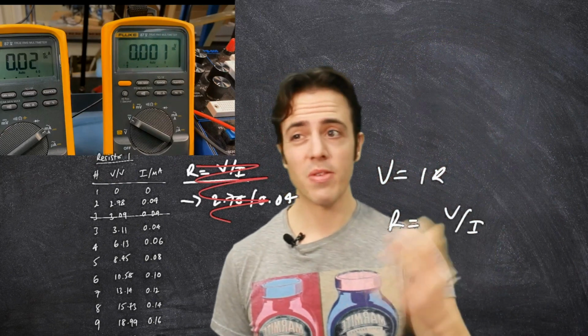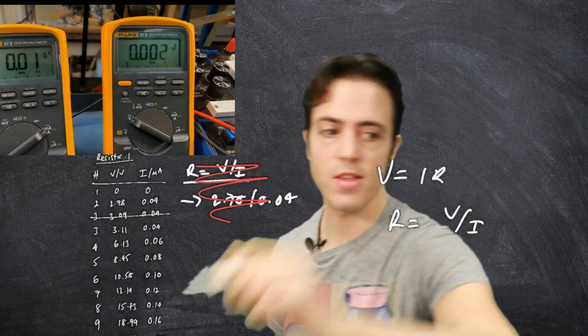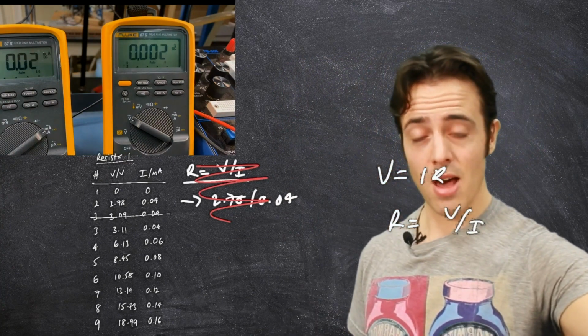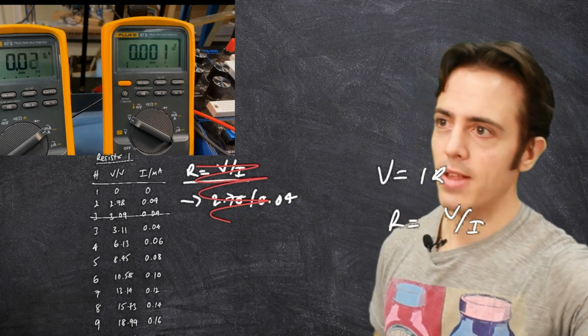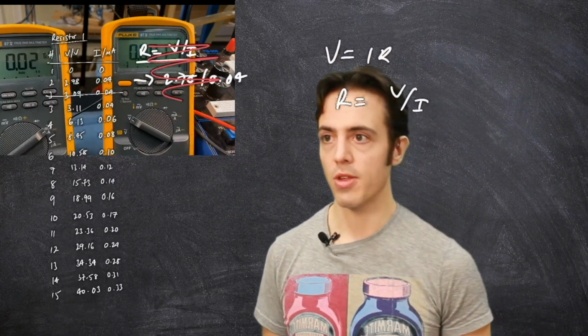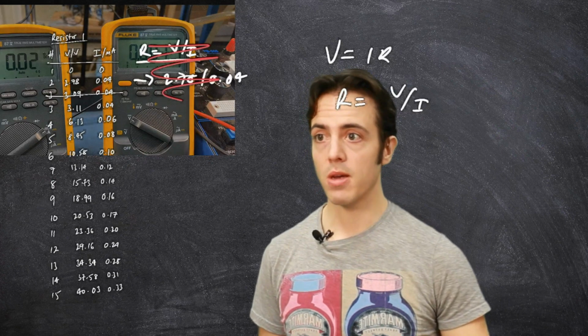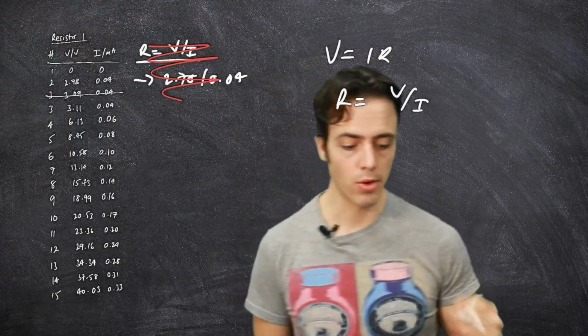That's probably just offsets within the measurement devices themselves, perhaps some small voltages leaking through from the earth or ground, or possibly there's some parasitic thermocouples somewhere in here that's causing those small voltages and small currents to arise. The reason I'm bringing that up is because if you were to do what I said not to do here, you calculate erroneous voltages.